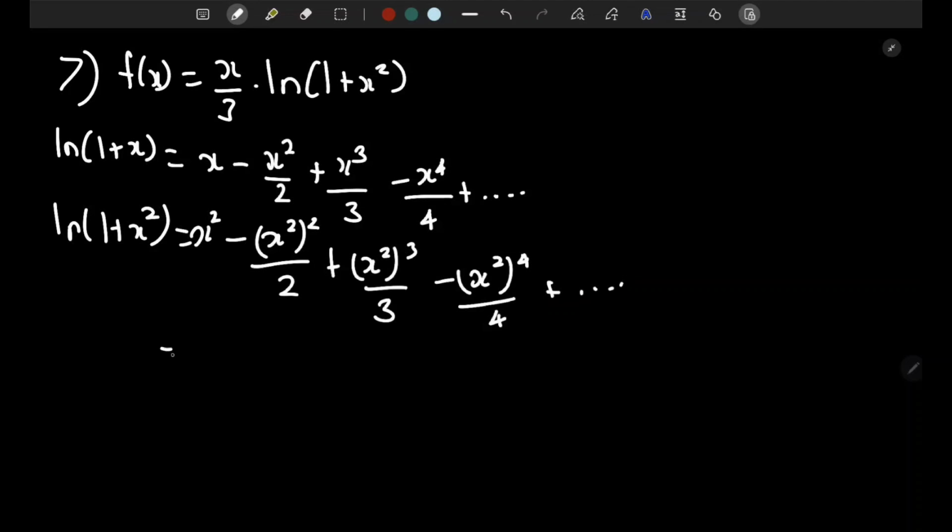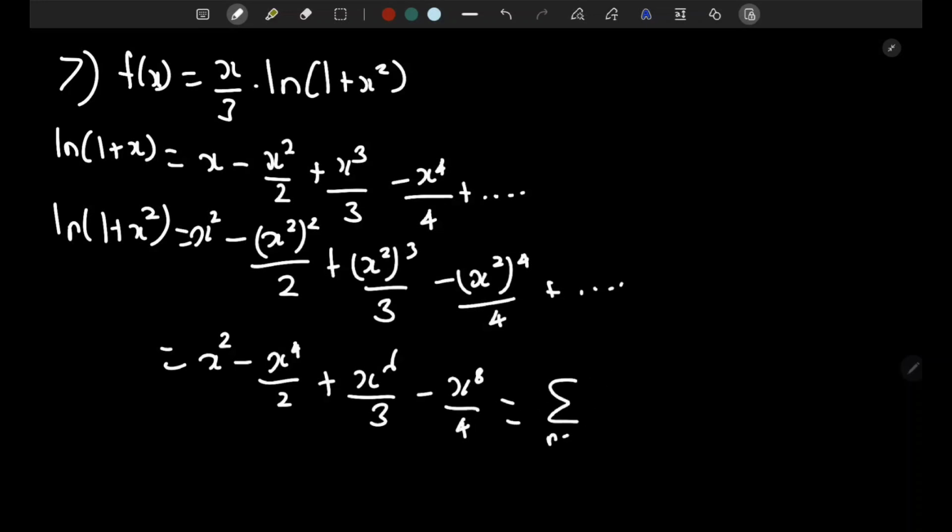So we can simplify this and write it as x to the power of 2 minus x to the power of 4 over 2 plus x to the power of 6 over 3 minus x to the power of 8 over 4. And we can write the formula as the sum from n is equal to 0 to infinity. We have alternating signs, so first of all negative 1 to the power of n.